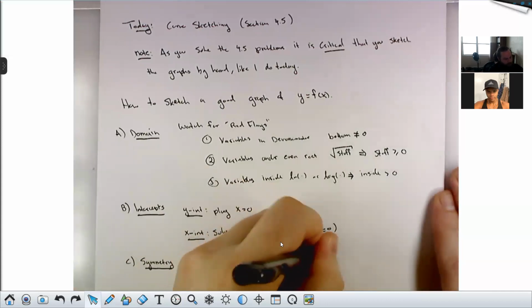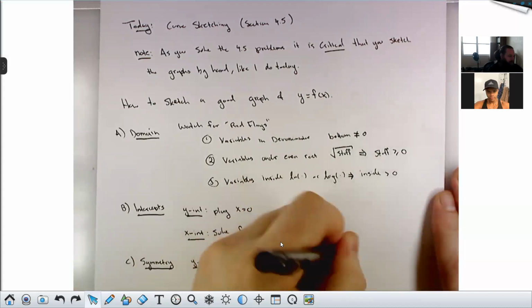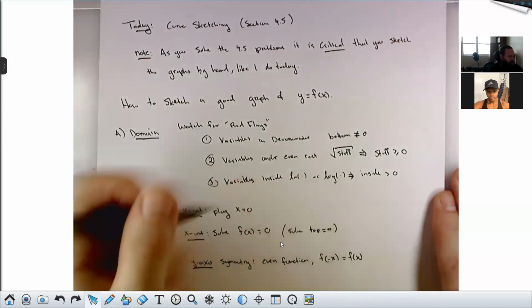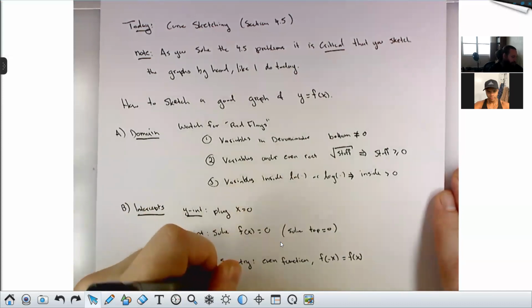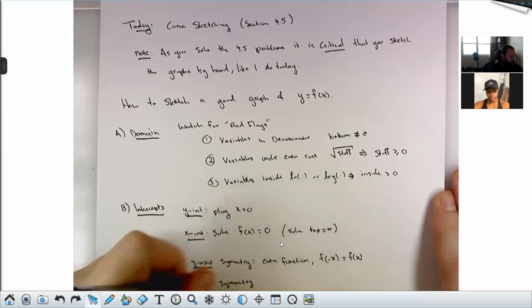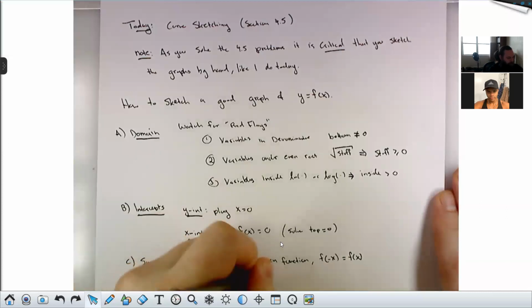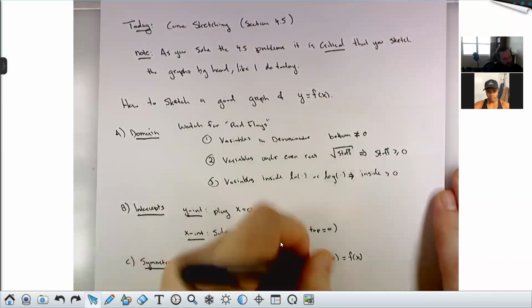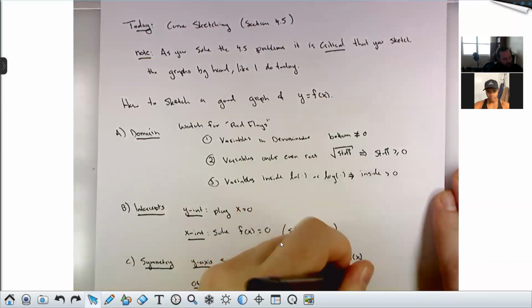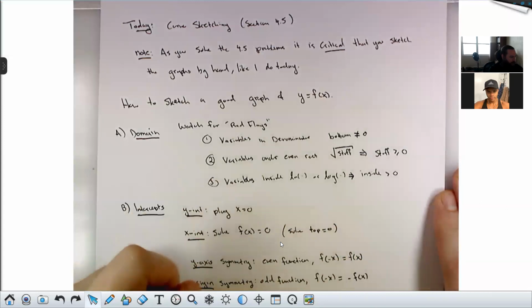And to find this, you check whether f of negative x is the same as regular old f of x. There's origin symmetry. This corresponds to odd functions. And to check if your function is odd, you look whether f of negative x simplifies to negative f of x. And then the last thing is periodicity. Is your function periodic?